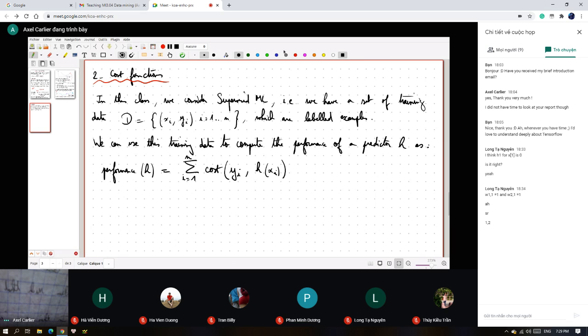What happens is we have a set of labeled examples. We know that for this X, for this data, the label Y is known. So we know that our predictor H for this X should predict something that is close to Yi. So this is the predicted label, and this is the real label. And there is some kind of difference between them that we have to quantify.